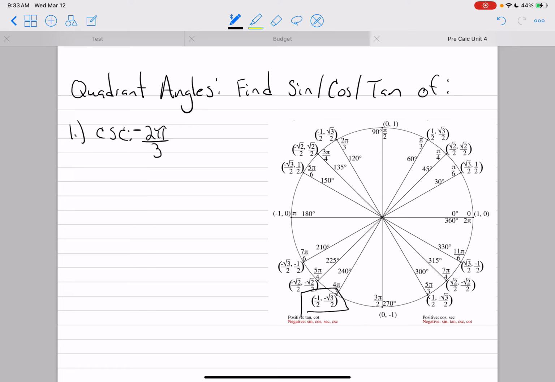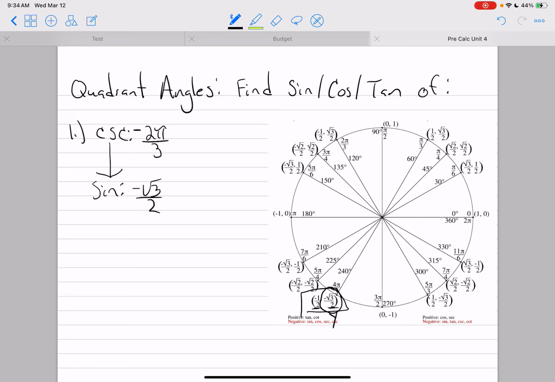Well, the cosecant is connected to, right? It is the inverse of, what is it? Of the sine. So if the sine on a unit circle, is it x or y? Sine is a y. So here's my sine. So the sine of negative 2/3 pi would be negative √3/2. All right?